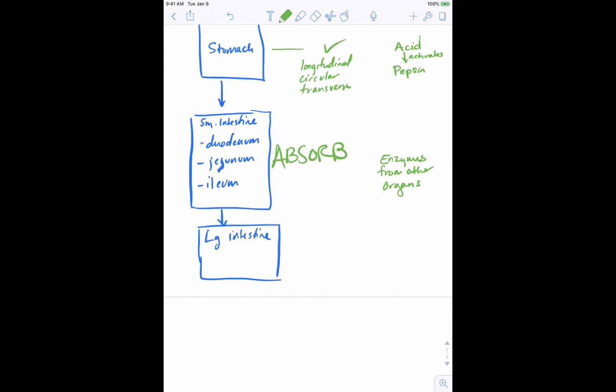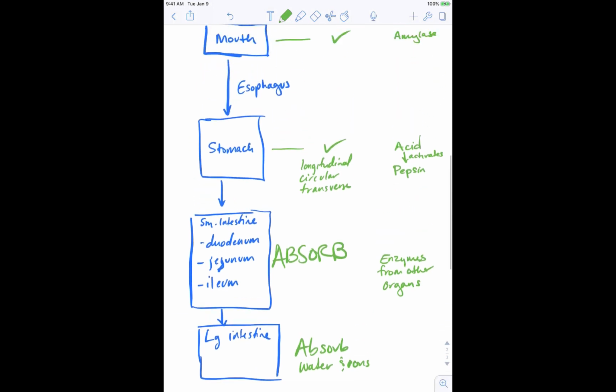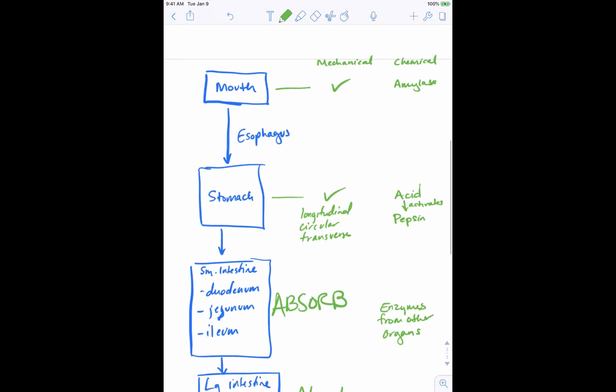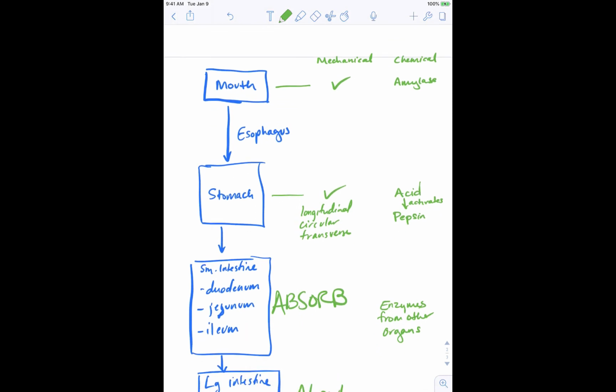And the big job of the large intestine is to absorb predominantly water and ions. Okay, so now that we've got this basic framework, we're going to talk about what is in each structure that enables it to do these functions.